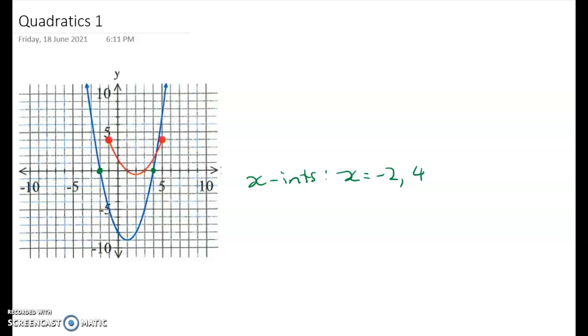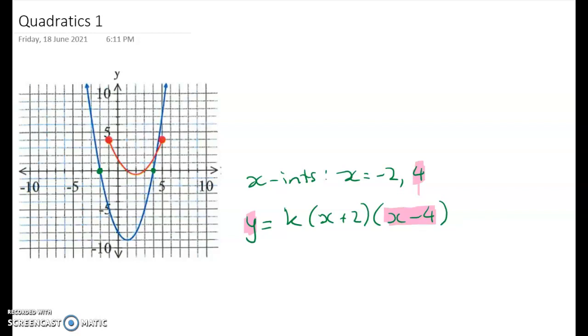That means I can write the blue equation like this: y is equal to k times (x + 2) times (x - 4). It's like that because if I take my 4 and substitute it into my equation, it has to give me a y value of 0. That's why the 4 gives me a factor of x - 4.